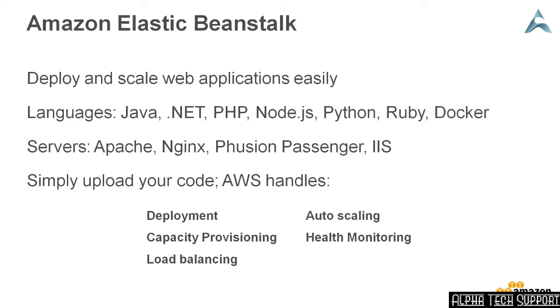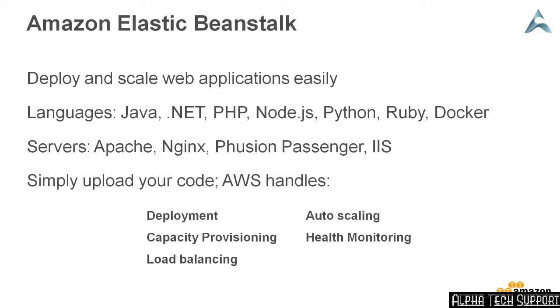You need to simply upload your code and AWS handles everything from deployment, auto-scaling, capacity provisioning, health monitoring, load balancing, and everything. You just need to deploy and scale your web applications easily.